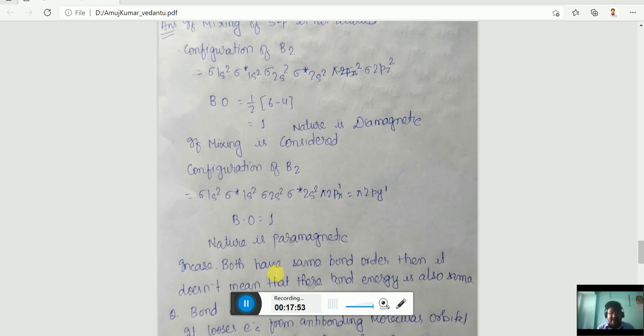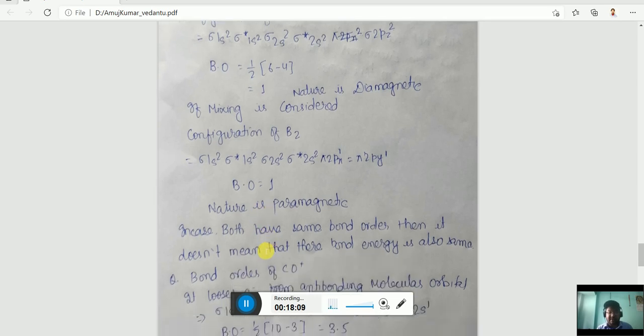In both cases the bond order is the same, but same bond order does not mean that bond energy will also be the same. This type of question may be asked as a multiple select question, MSQ type, in exams like JEE Advanced or in international level Olympiads.